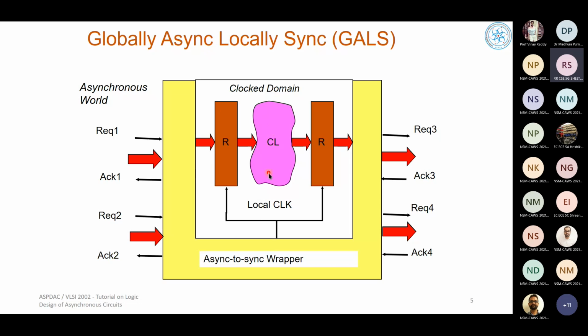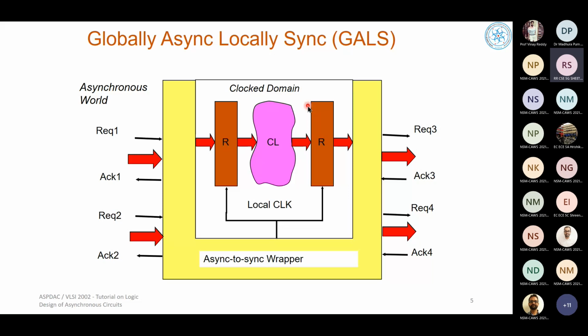And global clock distribution, by the way, is very power hungry and an area inefficient solution. It consumes a lot of area because you have to take this global clock tree to all the modules, all the IP cores. So building smaller local clocks is simpler as compared to building global clocks.